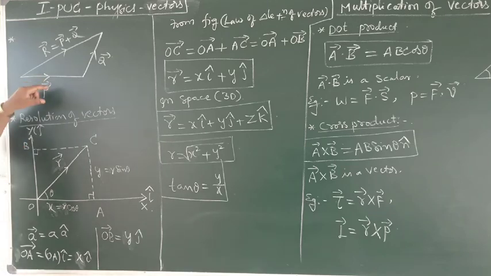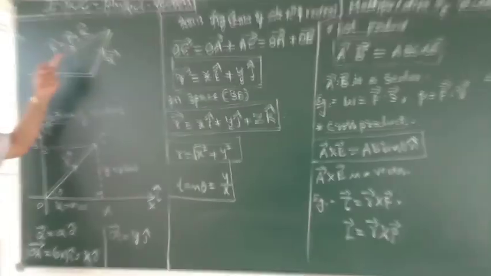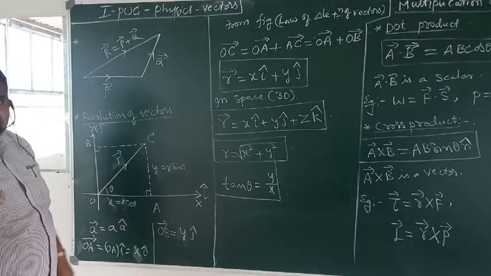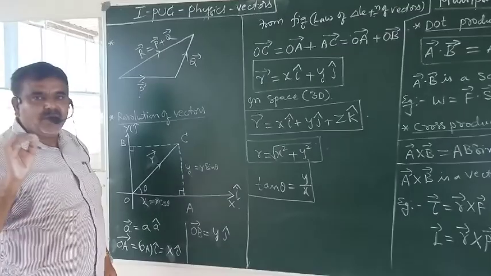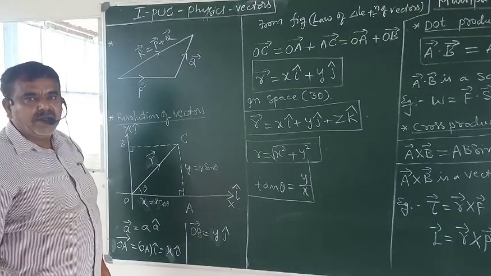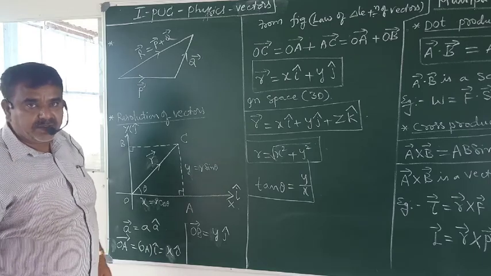Now we learn how to add vectors. The reverse process of addition of vectors: how to split a vector into two parts. That is called resolution of vectors. The process of splitting a vector into two or more parts is called resolution of vectors.